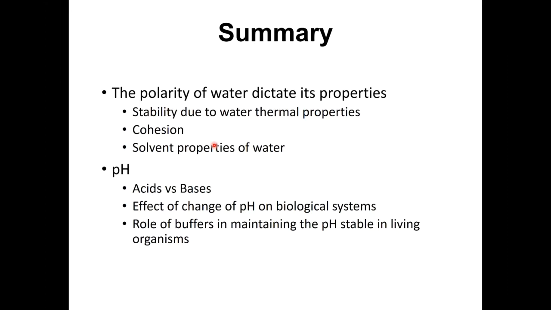And then we talked about why pH is important in living organisms, how it controls the activity of different enzymes in different organs. And finally, we finished up by talking about how living organisms control the pH in their different compartments by using buffers that can bind excess protons or release protons whenever it's needed.